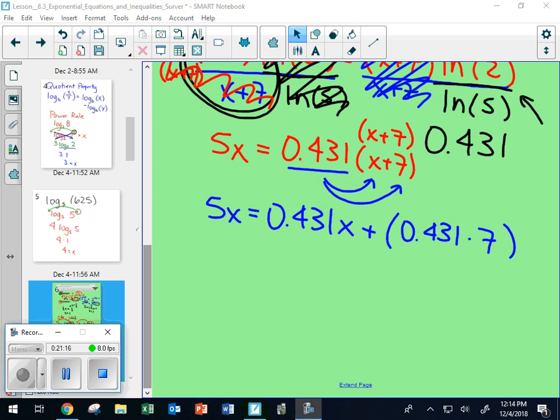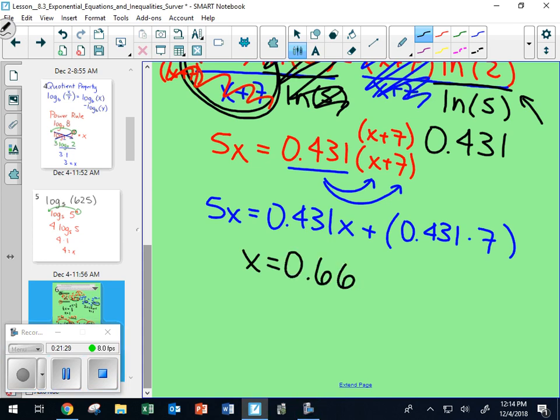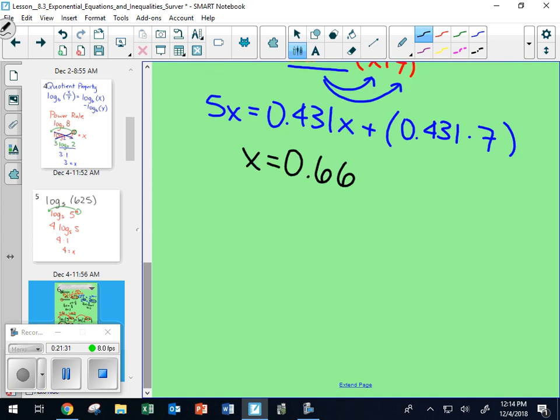We've had a little bit of time to work on this. So row 5, person 3, could you tell us what you ended up getting for your x value? So 0.66. You may have gotten something that's a little bit different than this, as in, you might have gotten something like x equals 0.68, or 6.7, or 6.5. And that has to do with rounding.